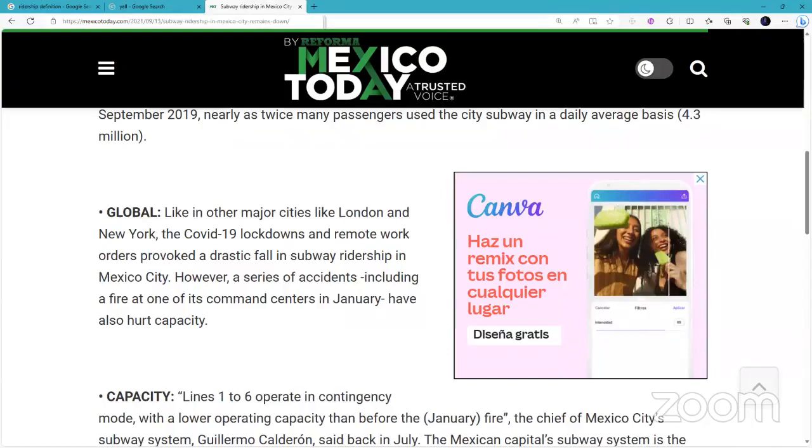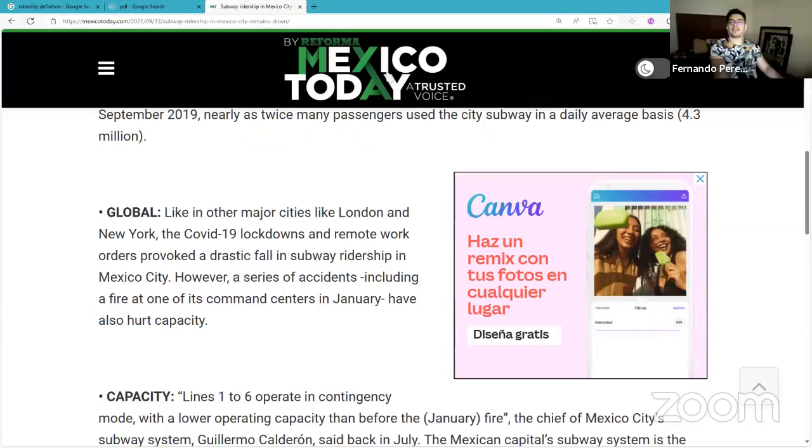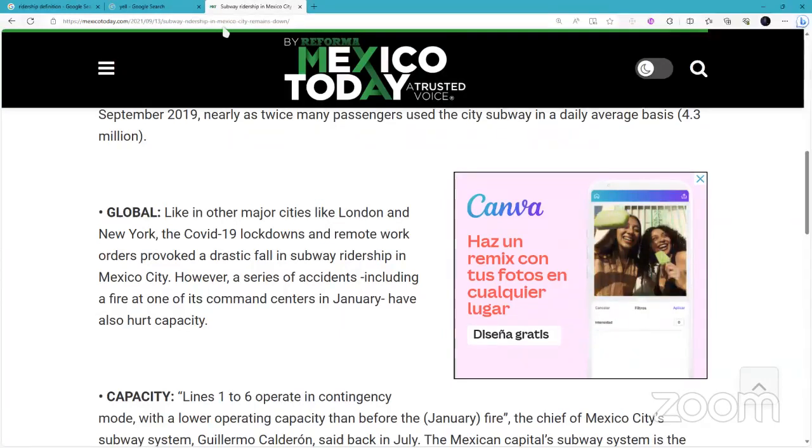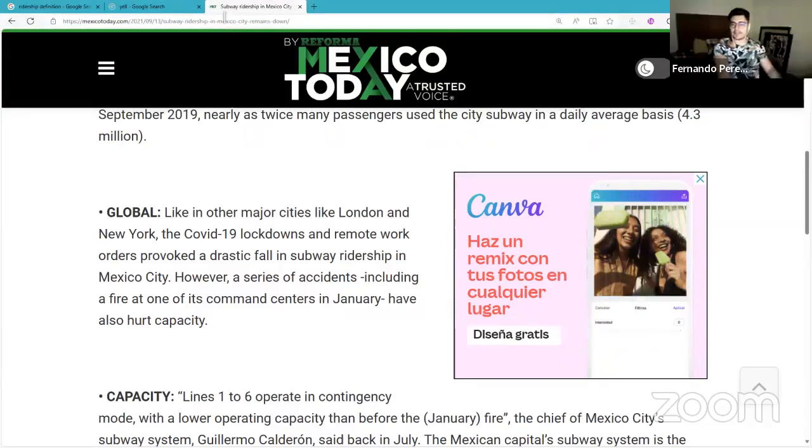orders provoked a drastic fall in subway ridership in Mexico City. Again, what fell? What provoked? No. What fell drastically in Mexico City? No, but I understand my question.